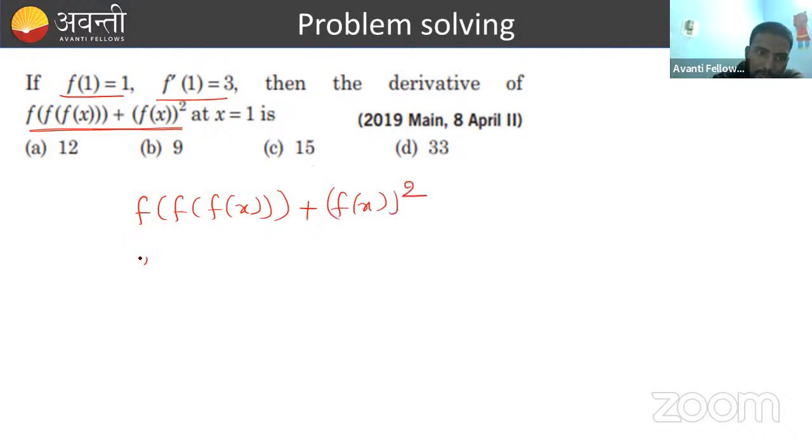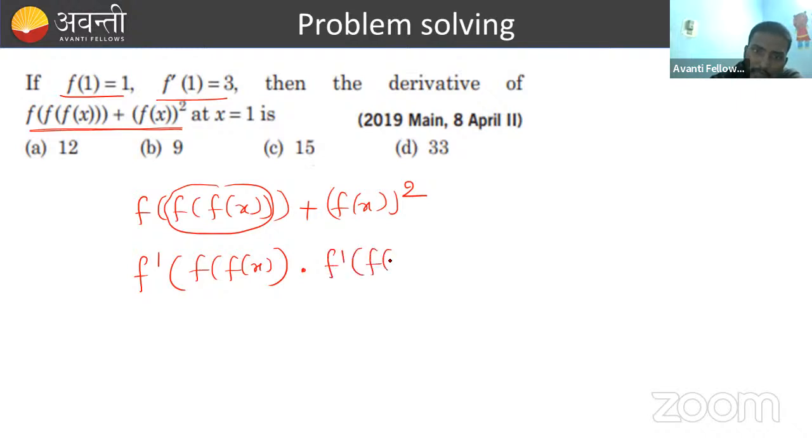I will take f dash of f of x. Again by the chain rule, we go inside and take f dash of f of x, and again we go inside and take f dash x. And this is 2 into f of x and then f dash x.